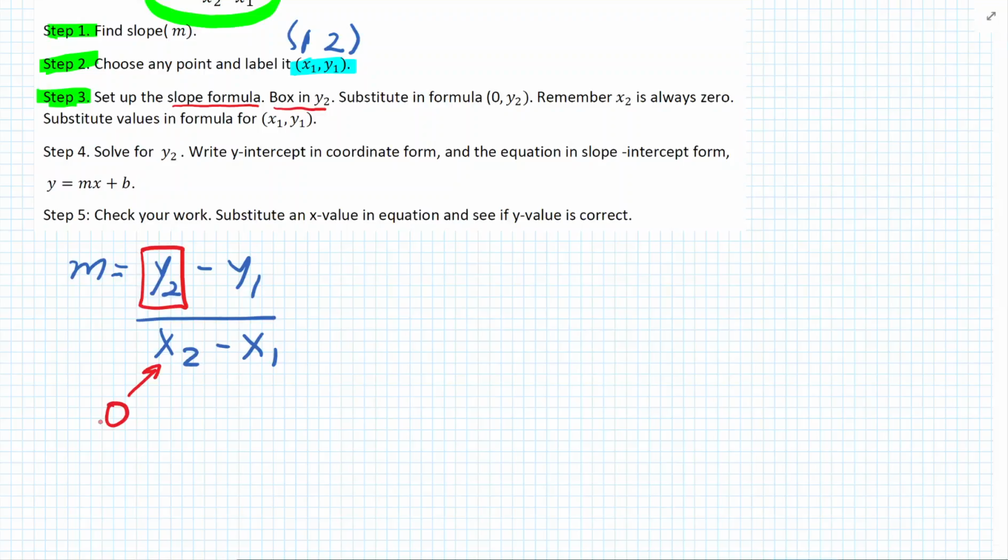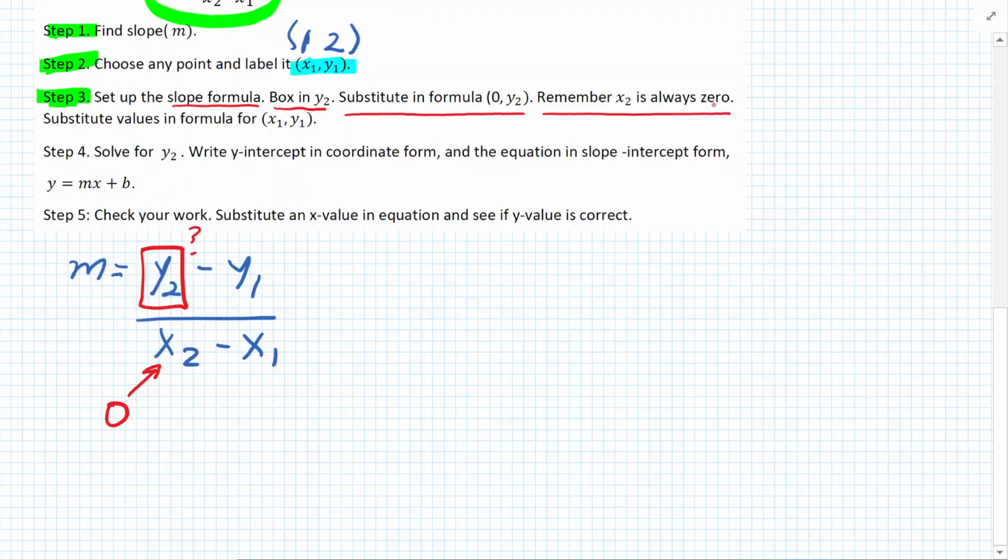And y2 is already boxed in, so we don't know what that is yet. That's what we're going to be solving for. So we've done that. Next step, remember x2 is always 0. We did that.